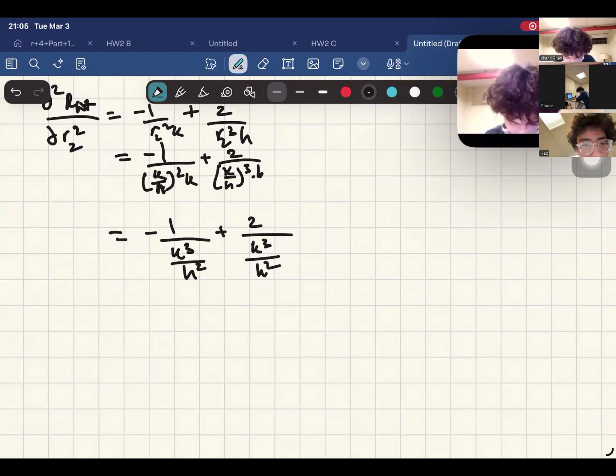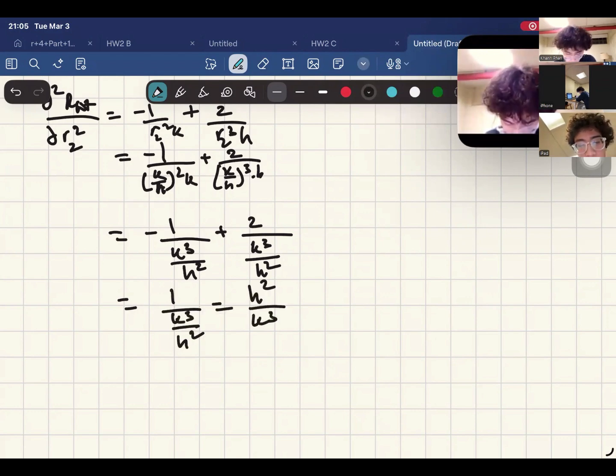Oh, this one's also K cube H squared. So therefore we have 1 over K cube H square equal to H square over K cube.